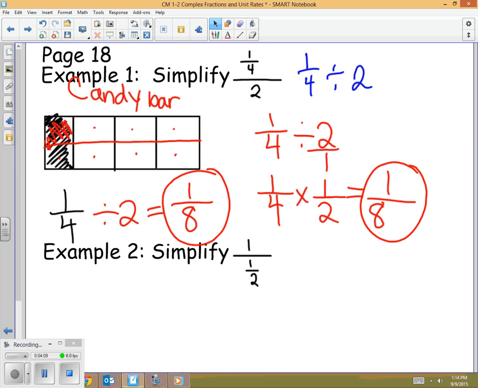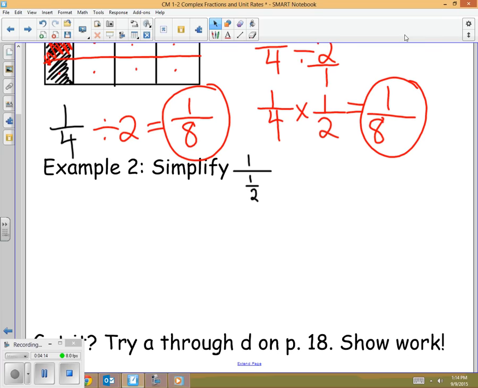Now let's look at example 2. This time it's a little bit different. For example 2, we have 1/2 divided by 1/2. Now let's think about this one a little bit differently.